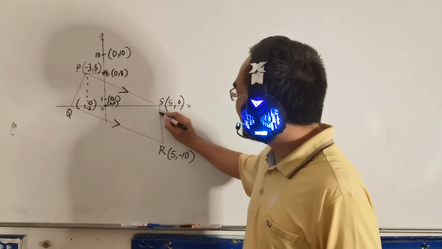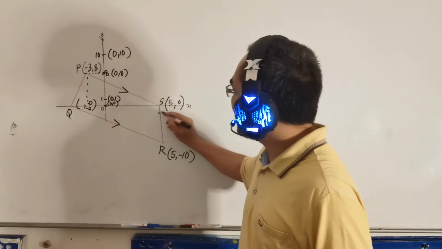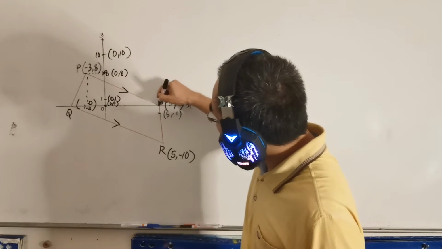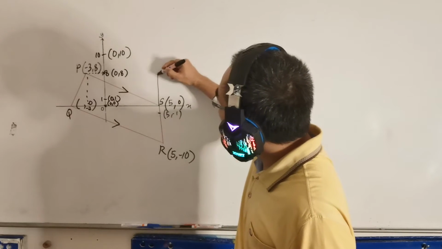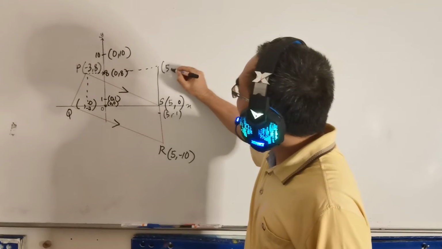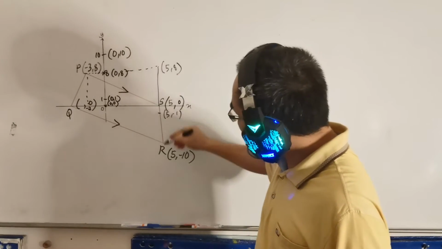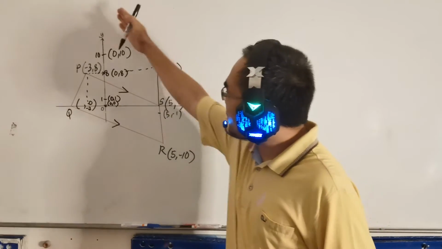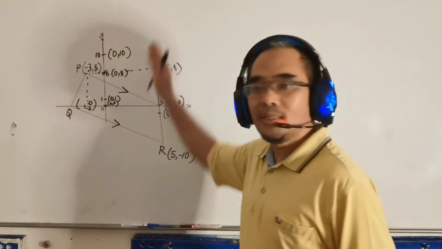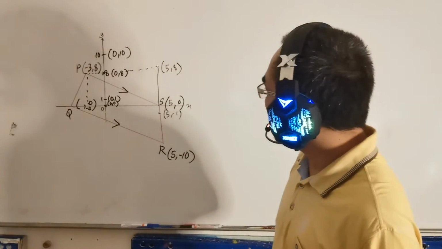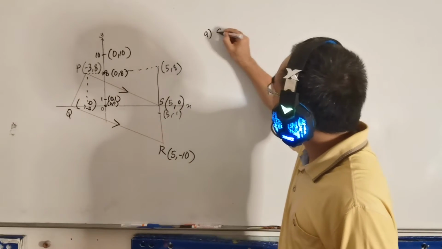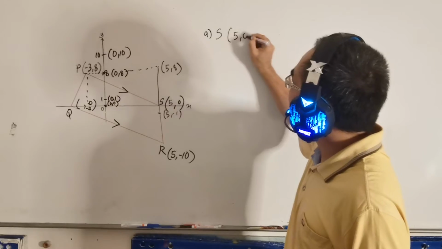If there is -1 here, it will be 5, -1. If I extend the line so it is parallel to the y-axis, here will be 5, 8. What is important about a line parallel to the y-axis? The values of x are constant. They are the same. So the answer for A, what is coordinate S? That is 5, 0.